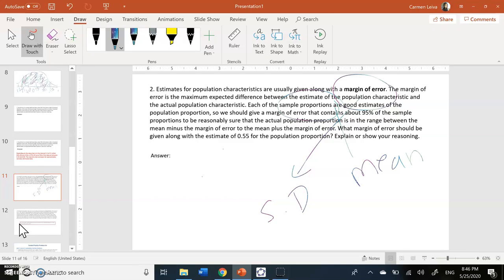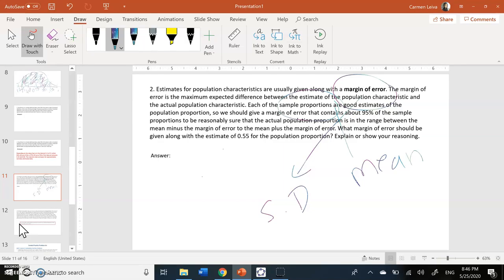So it says each of the sample proportions are good estimates of the population proportion. So we could give a margin of error that contains about 95% of the sample proportions to be reasonably sure that the actual population proportion is in the range between the mean minus the margin of error and the mean plus the margin of error.